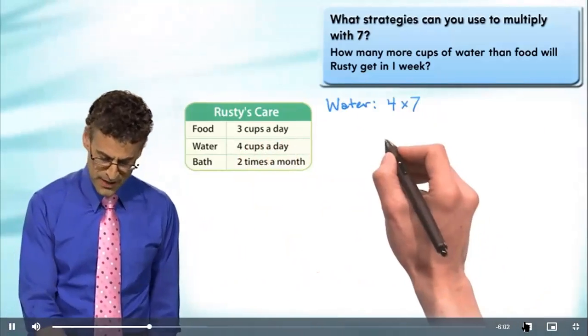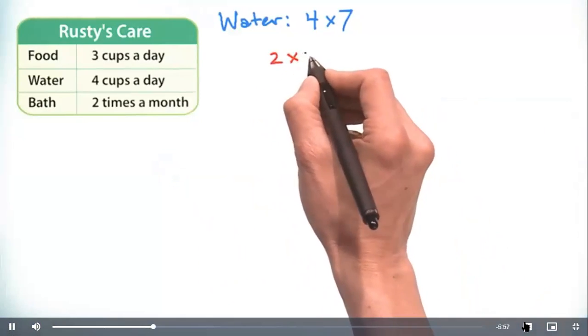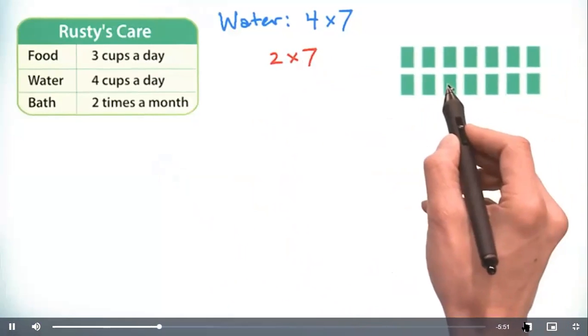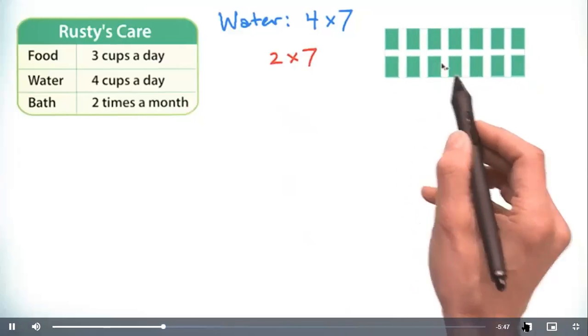What we know is 2 times 7, and we can model that easily with just 2 rows of 7 each. That's pretty straightforward.